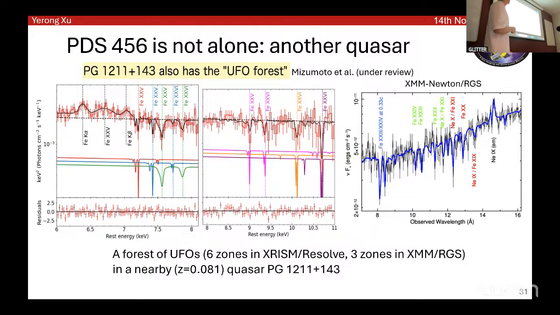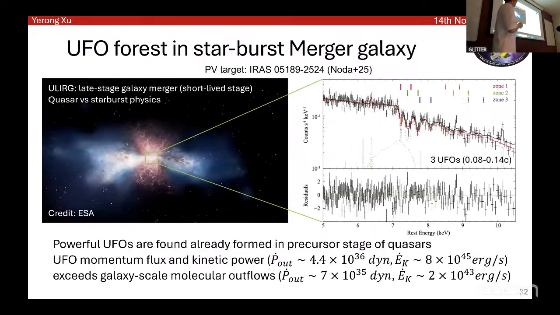And another interesting target is the spectrum of IRAS 05189. At first glance of this resolved spectrum, besides the UFO forest, you may not find anything new unless you know this target is an ultraluminous infrared galaxy, which is at the late stage of a galaxy merger.